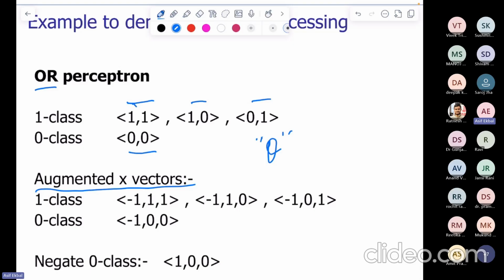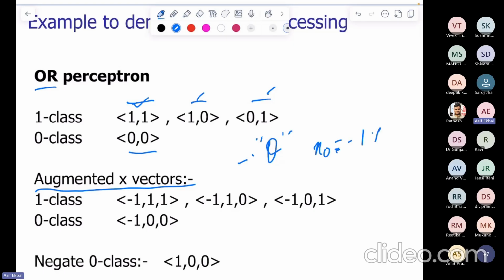So all these vectors will now be augmented because it was minus W0 X0, that is minus theta. Here the value of the input X0 is -1.